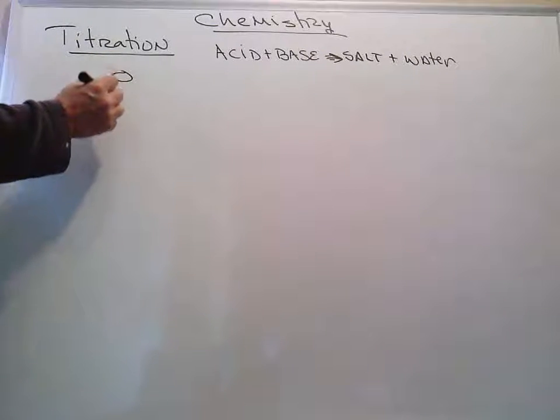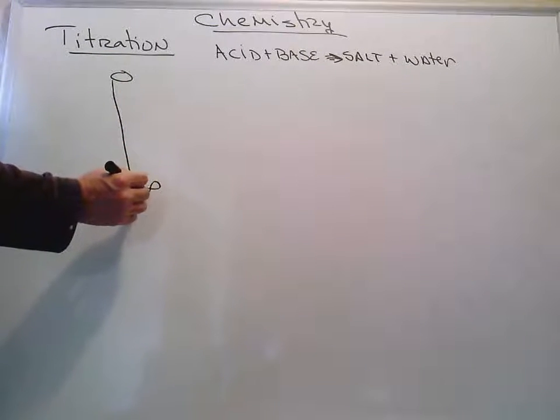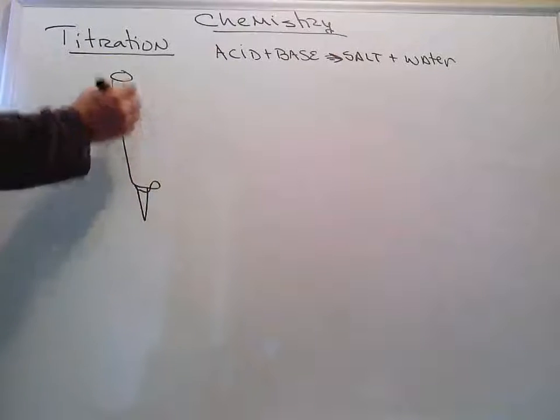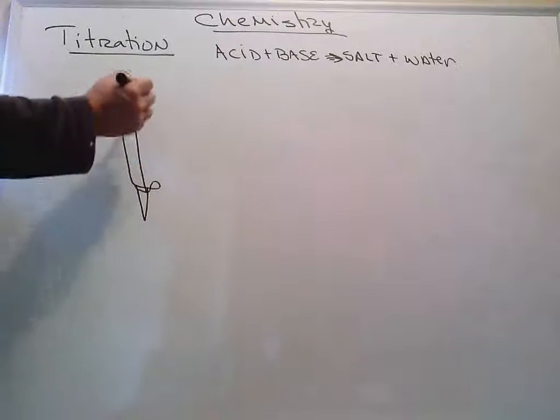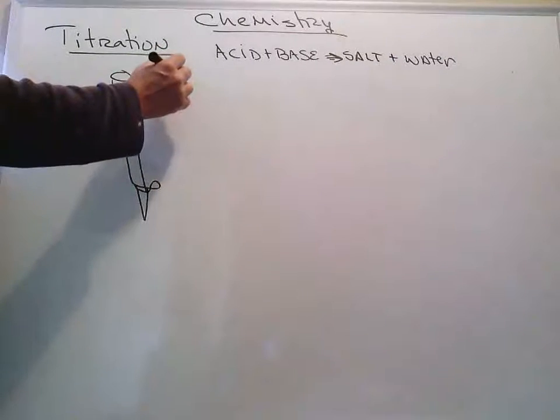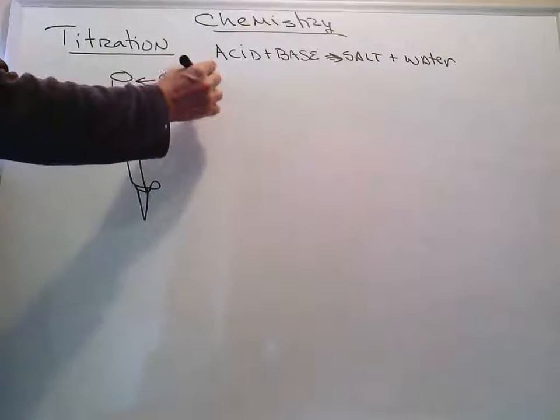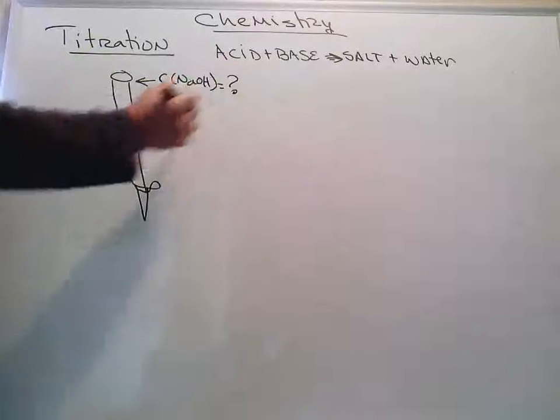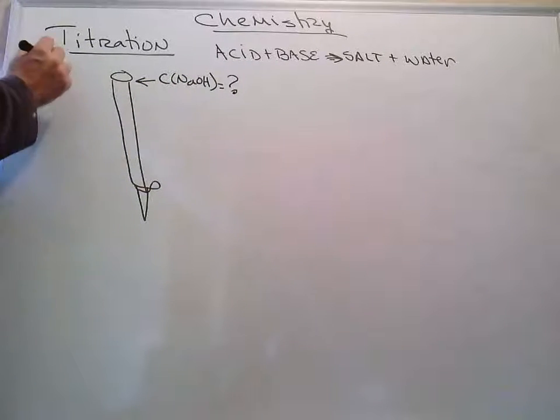In the lab, we set up a burette where we add, for instance, sodium hydroxide solution, and we want to find the concentration of sodium hydroxide. We don't know the concentration.